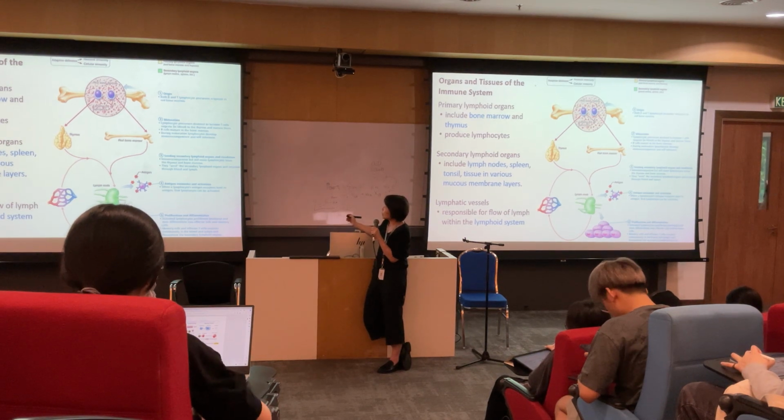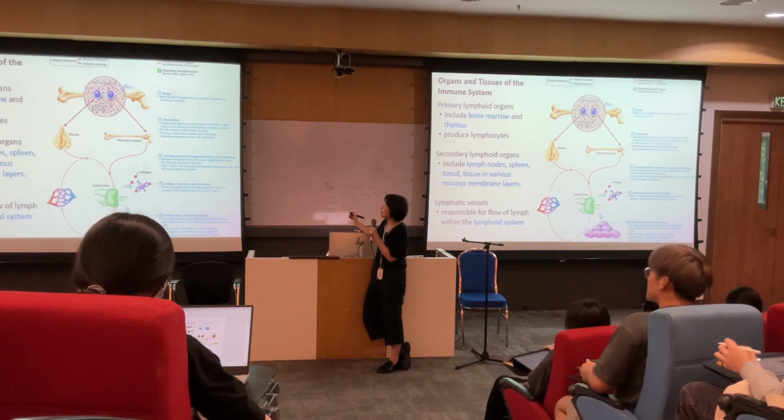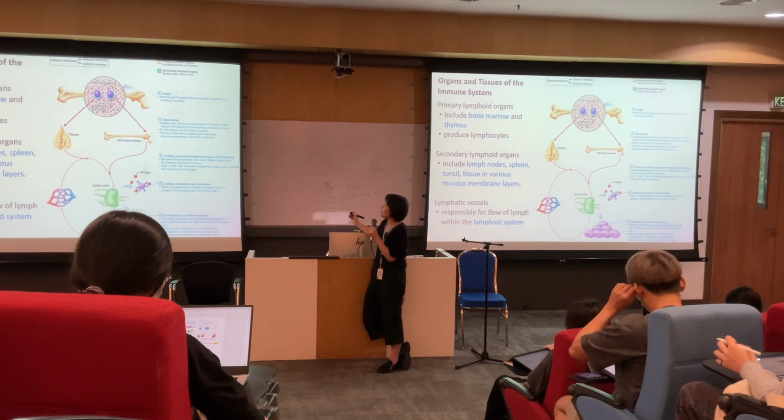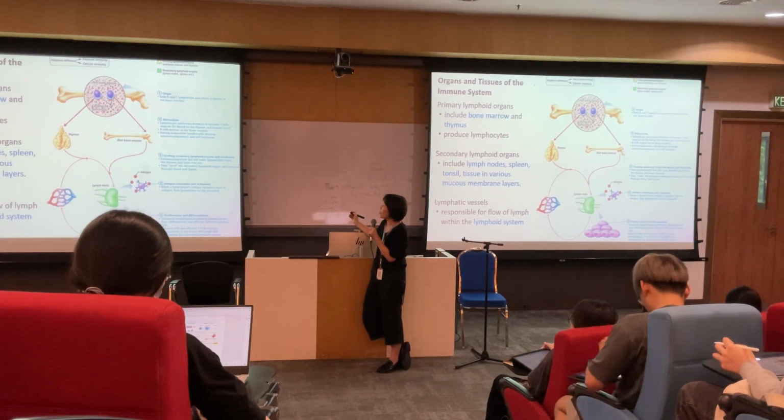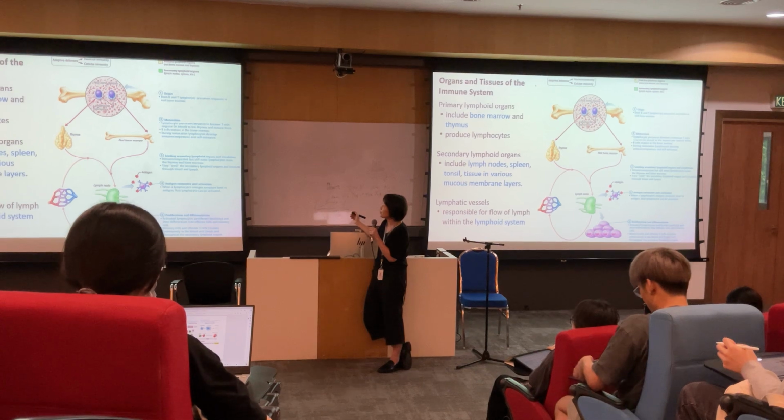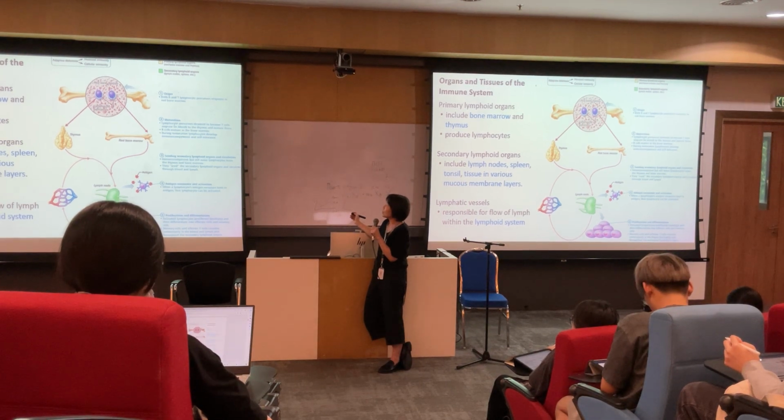To talk about the immune system, we need to start with the organs, cells, and tissues that produce all those immune cells. This is not particularly for the innate immune system, but we will talk about how they produce T cells and B cells as an example.